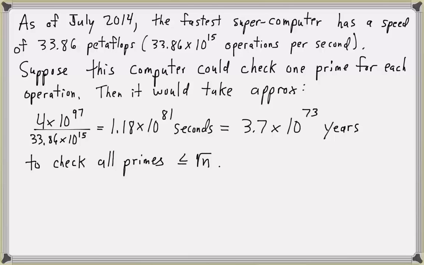So even if computing power increases in the future, it still would be infeasible to check all the prime factors less than square root of n to determine if n is prime. So we need a better technique.